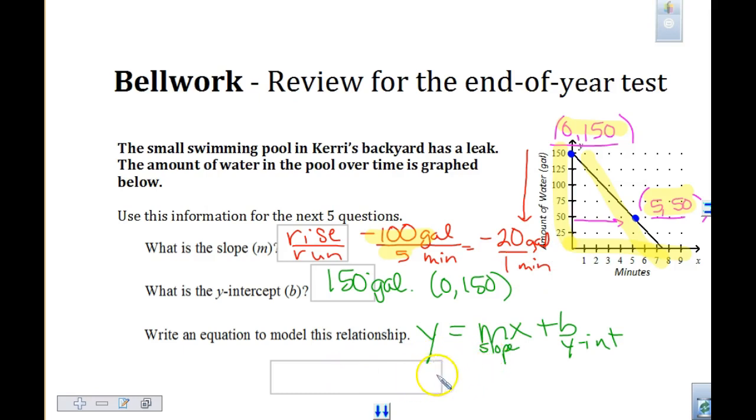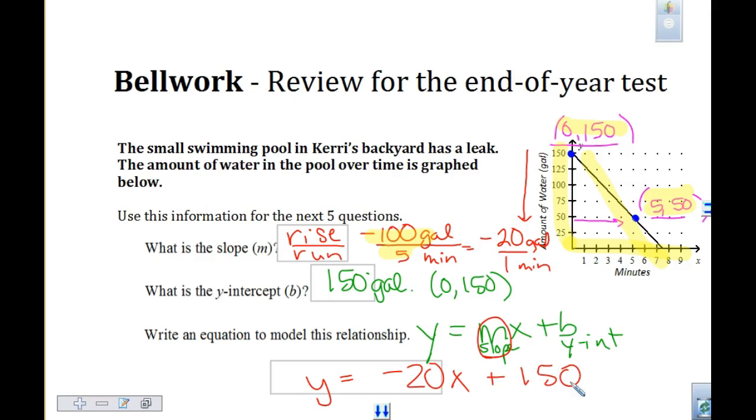Elizabeth, you ready? Y equals what? What was our slope? Negative 20. So y equals negative 20x, and then Katie, plus my y-intercept of 150. So on the state assessment, they might say, oh, you have this equation.